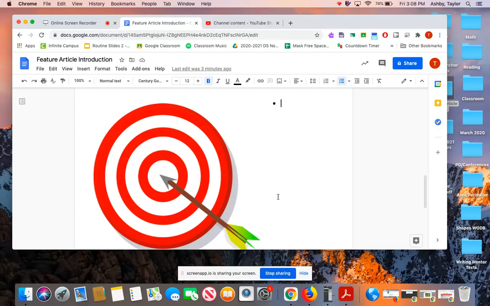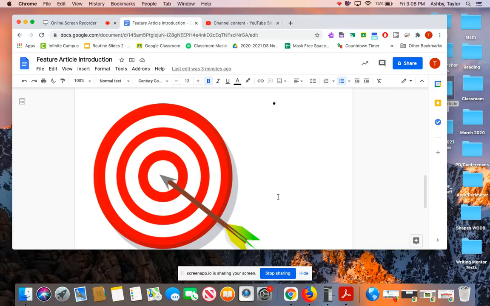So today I'm going to show you how I would take some ideas, things that I feel like I know really well as a writer, and narrow them down to be more of an article and not more of a nonfiction book or a nonfiction text. When you think about ideas for a feature article, you want to be thinking about topics that you know at least a little bit about already.